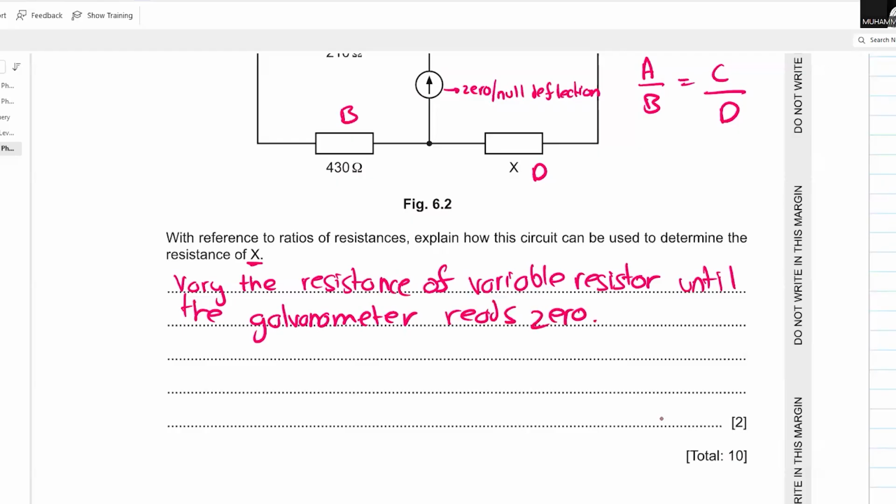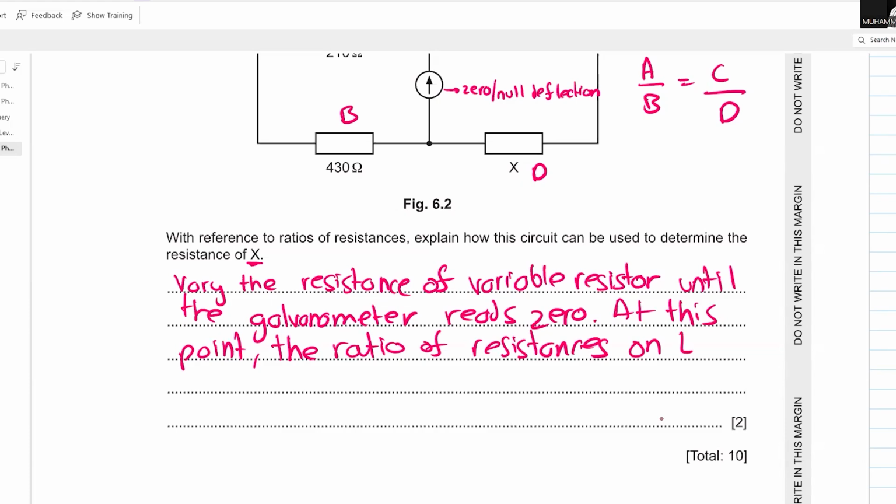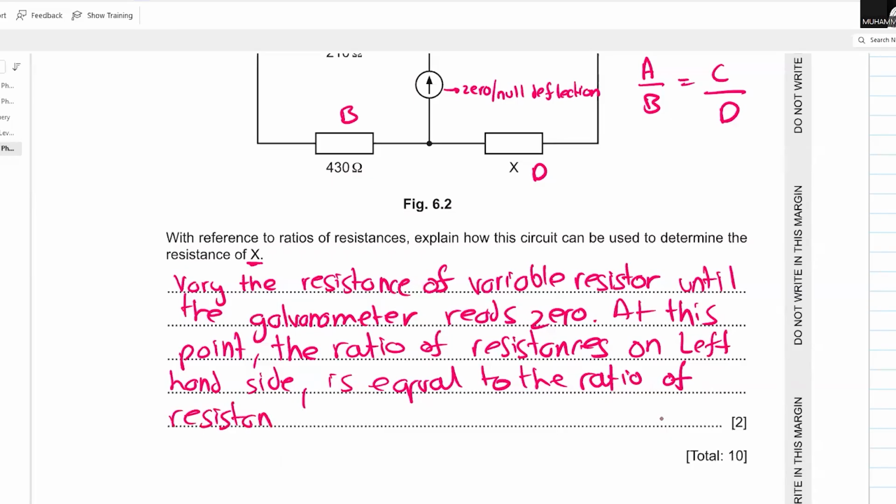At this point, the ratio of resistances on the left hand side is equal to the ratio of resistances on the right hand side.